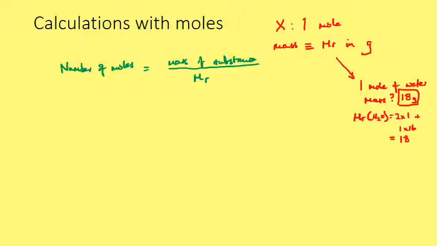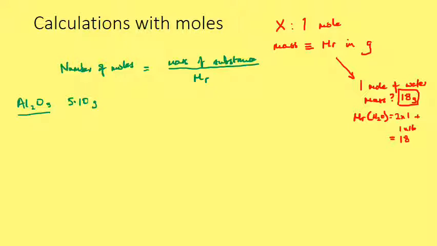That's our answer. Now we might do an example in green because we're going to use the other equation that we wrote down. So let's say we've got a bit of aluminium oxide. Aluminium oxide, you might remember, has a formula Al2O3. And let's say we've got 5.10 grams of it.